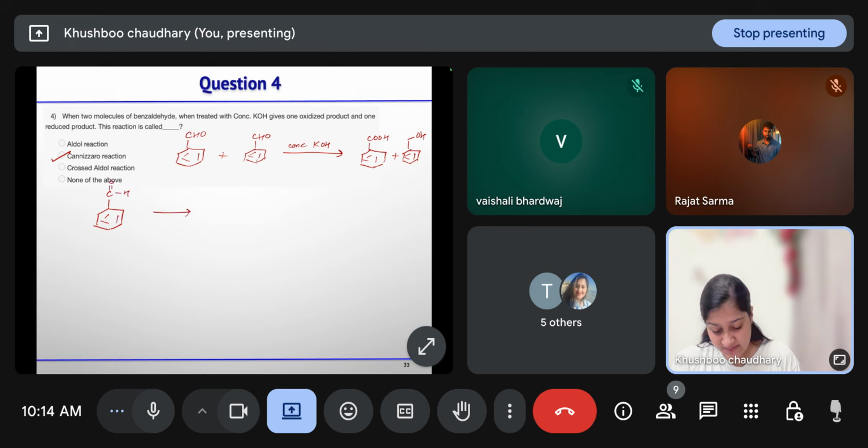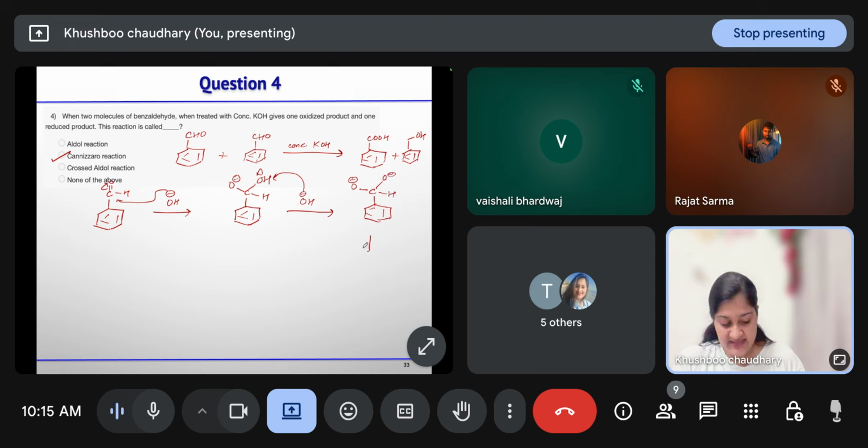So your base will react at the carbonyl carbon and we will get this O negative, OH and H. Then again base will take this proton to form the dianion. And then this dianion will react with another molecule of benzaldehyde in such a way that it gets reduced by the hydride attack.